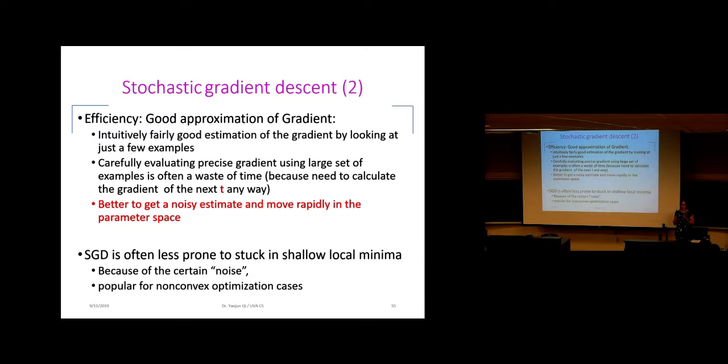And a really precise calculation of that gradient is not very necessary because you're going to recalculate it anyway. Every step, the gradient you're using is the gradient at that specific theta t. You calculate theta t's gradient and use it to update theta t, moving it to theta t plus 1. So a very precise calculation is not that necessary. An approximated solution in a lot of cases is already good enough.